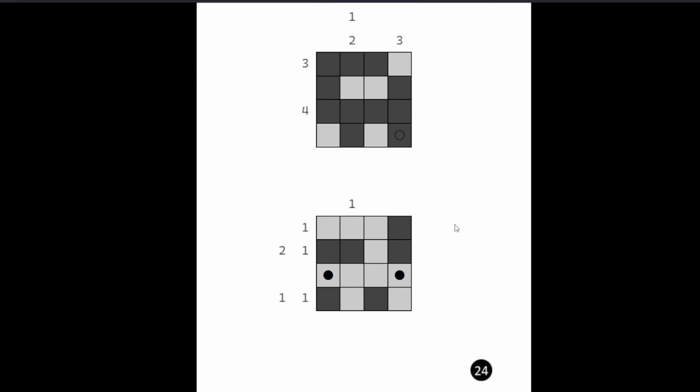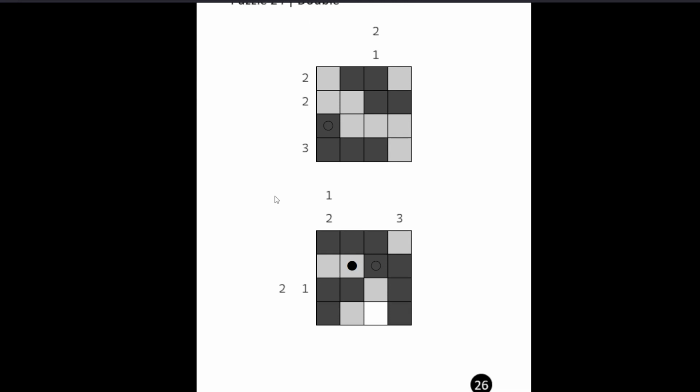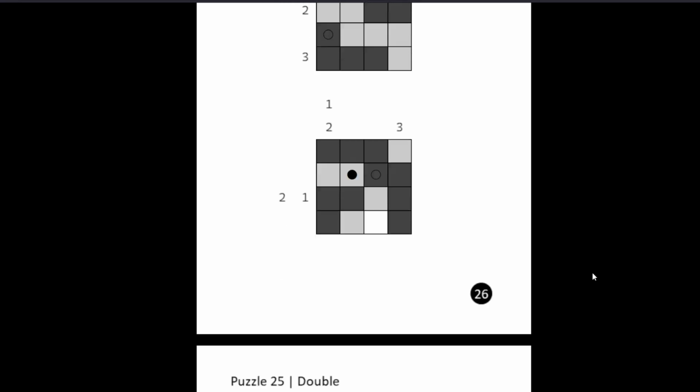So if they're stacked vertically, does that change something? Because the puzzle I'm having trouble with is a vertically stacked puzzle. So it would make sense that something's changed about the 2x2 rule or something.